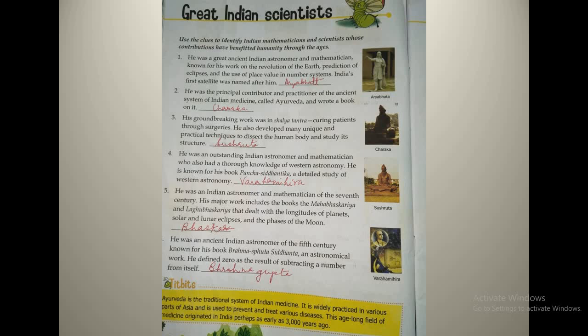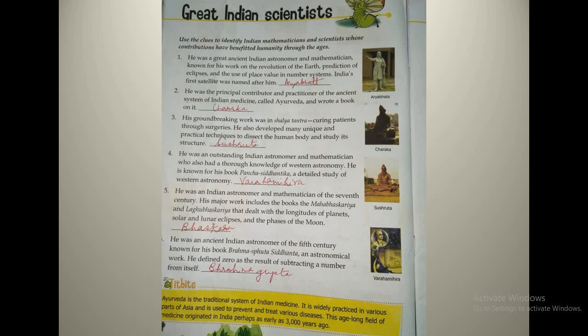Now next, he was an ancient Indian astronomer of the 5th century known for his book Brahma Sphuta Siddhanta, an astronomical work. He defined zero as the result of subtracting a number from itself.